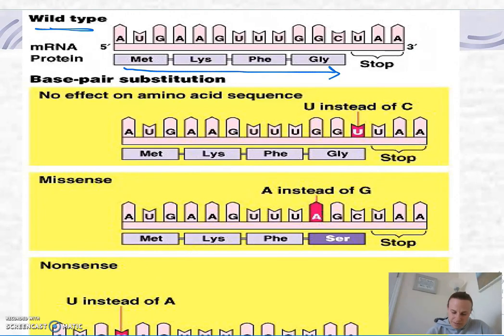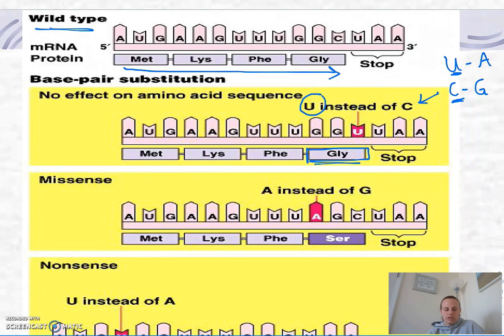If I have a U inserted instead of a C, so C normally pairs with G, U normally pairs with A, I am replacing that C with a nucleotide from the other base pair that are complementary to one another. But I am not having any effect on the amino acid sequence, then there's no change in the protein structure or function.